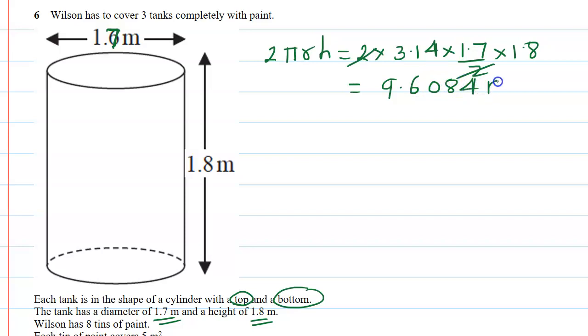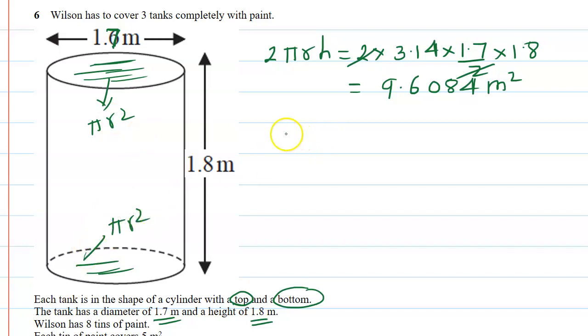9.6084 meter square. Okay, now because it is not open, it is closed, so area of circle is pi r square from here and pi r square from here. So this is also pi r square and this is also pi r square. If you add them, it will be 2 pi r square. So 2 pi is again 3.14 r square.